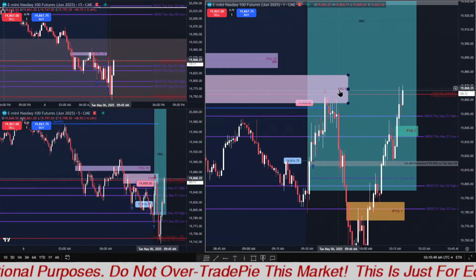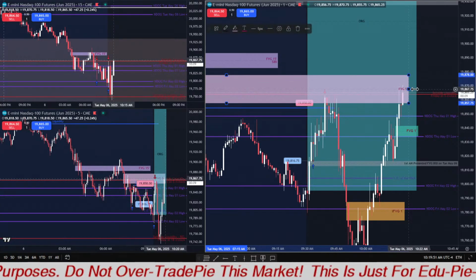Now we are trading in the midpoint of the 5-minute fair value gap, as you can see.